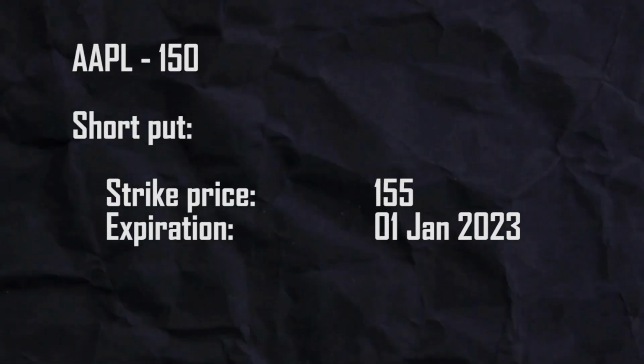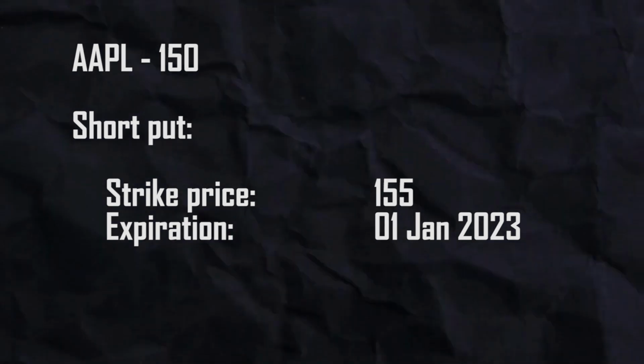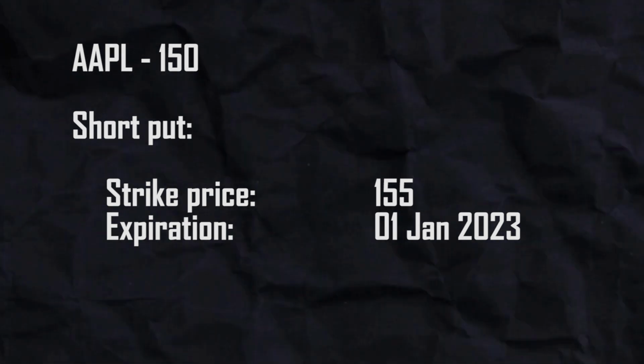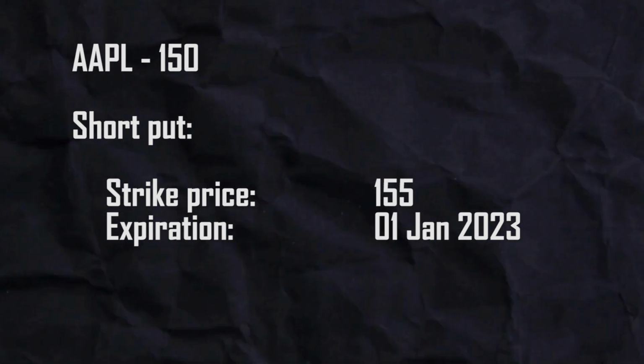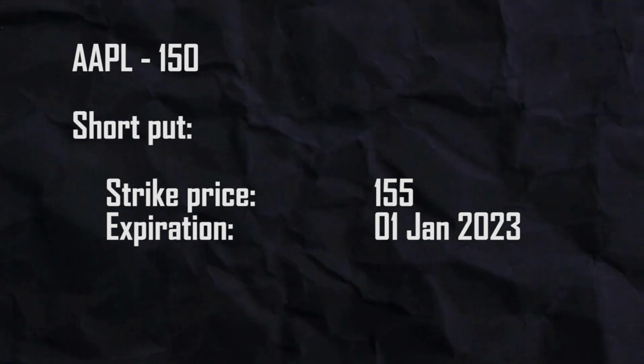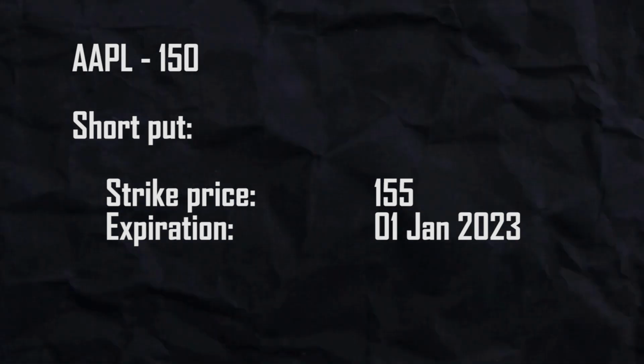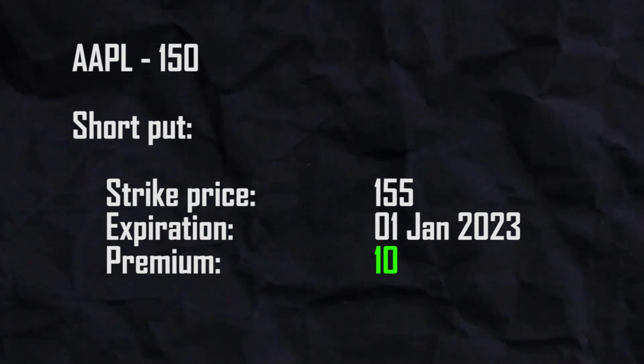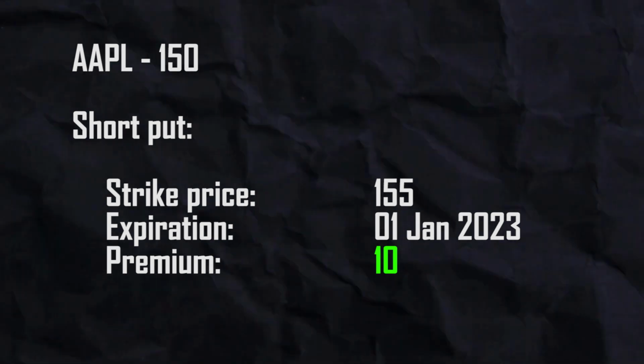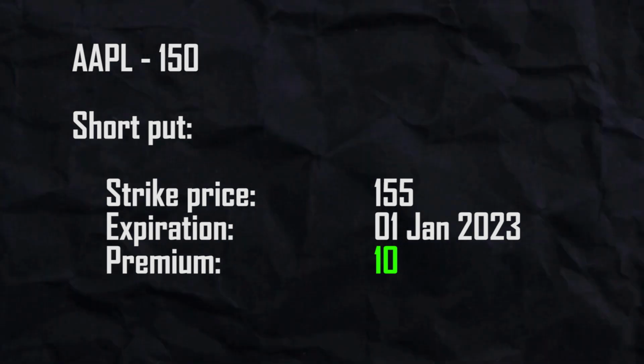So let's say instead of selling a put option at a strike price of $140, we sell an Apple put option at a strike price of $155 that expires on 1st of January. For selling this put option, we receive a premium of $10 per Apple share.